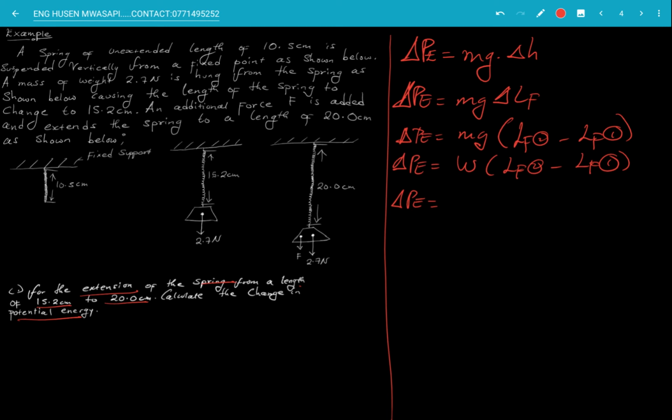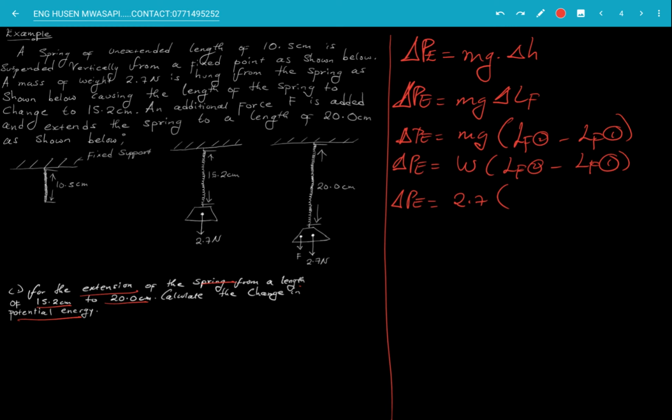What is the weight? The weight is 2.5 because our interest is the potential energy created by the load. Now, what is the first length? In condition B, this is length final 1, but our interest is length final 2 minus length final 1. This is length final 2.